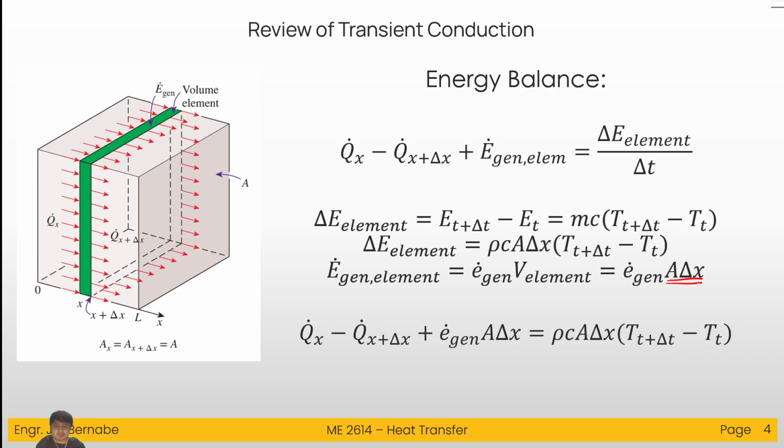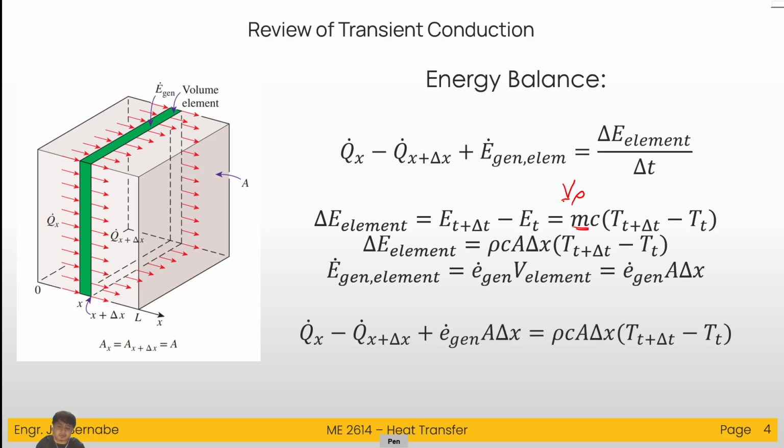Therefore, you can multiply that by its volume to get the energy. If you simplify this, you can have this form. I forgot to mention your mass is also equal to the volume times the density.